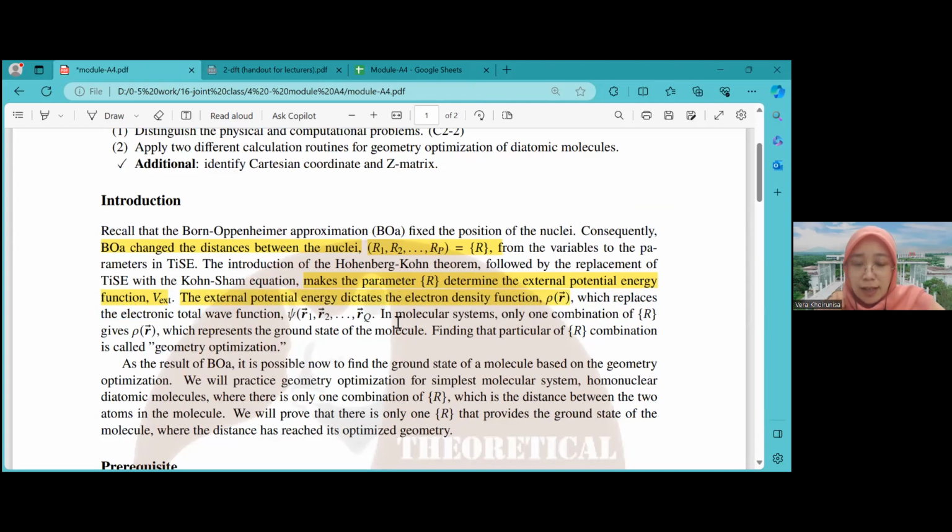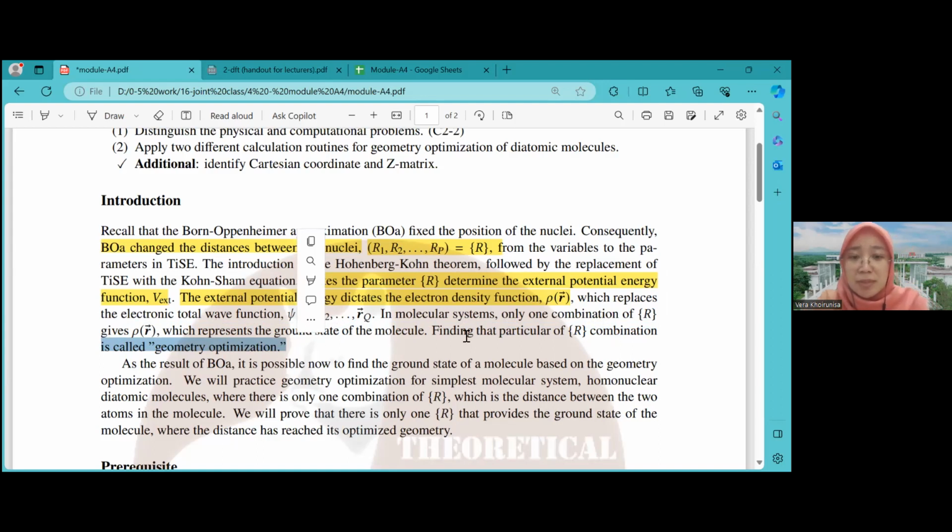Okay, and then in the molecular system, only one combination of R gives ρ(r), which represents the ground state of the molecule. So in the ground state of the molecule, we only have one combination of R. Finding that particular combination of R is called geometry optimization. So what is geometry optimization?